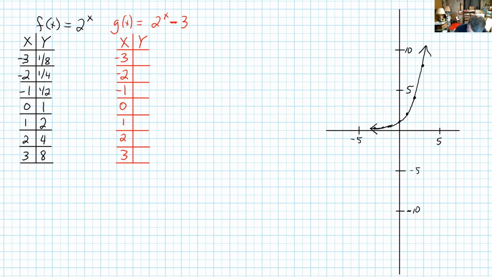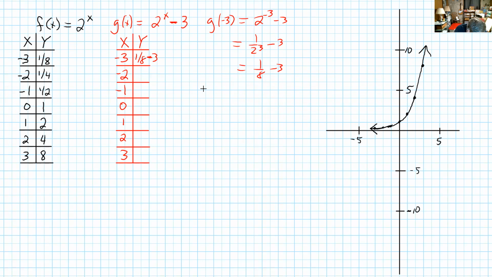Nope. Okay, fine. So if x is -3, g of -3 equals 2 to the -3 minus 3, which is 1 over 2 cubed minus 3, which is 1/8 minus 3. I'm just going to leave that as 1/8 minus 3 for now. You'll see why in a minute, hopefully.